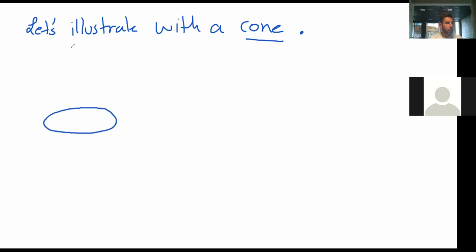I'm going to draw it like it's sitting on its circular base. Boy, that was an ugly cone. Let's fix that. Let's draw a prettier cone. Let's try to get as pretty as possible. Use some lines.